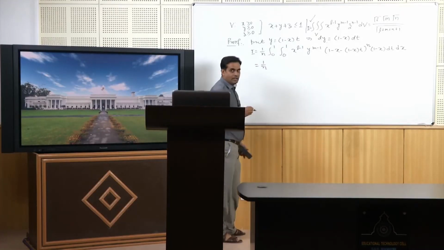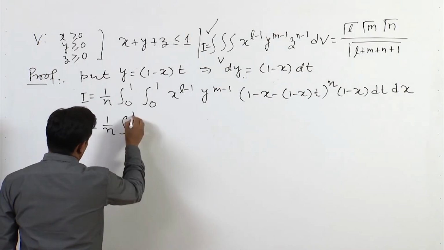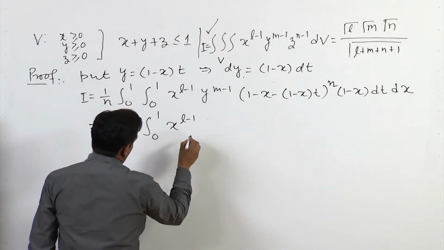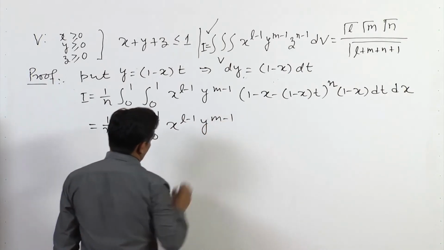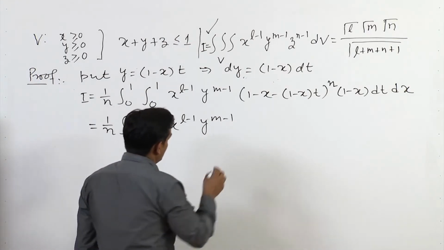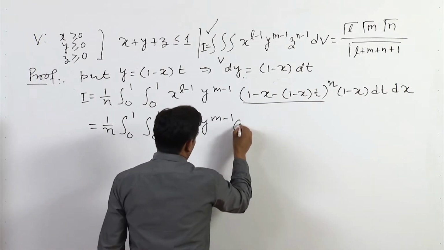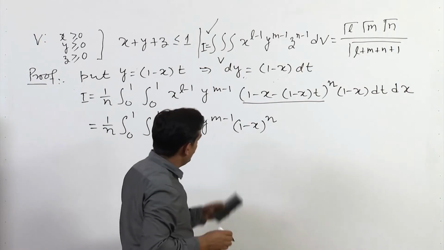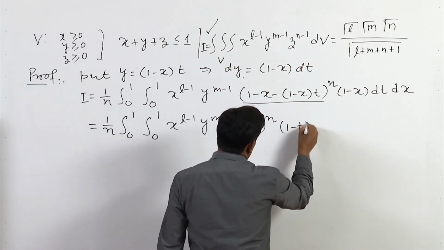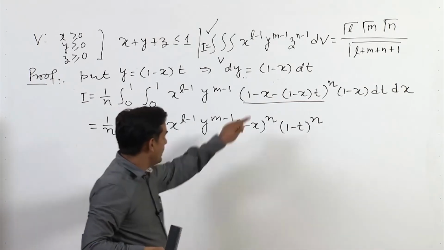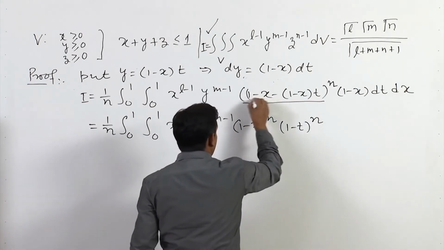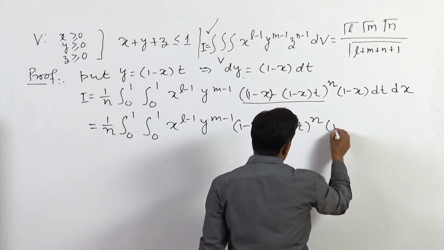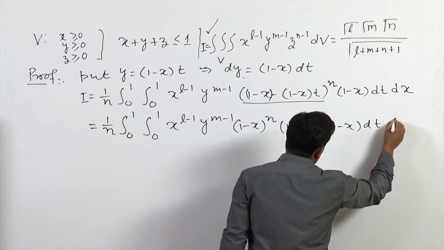This equals 1 by n, 0 to 1, 0 to 1, x^(l-1), y^(m-1). Then this particular thing I can write as (1 minus x)^n into (1 minus t)^n, because I can take 1 minus x common, so I get 1 from here minus t, into (1 minus x) dt dx.